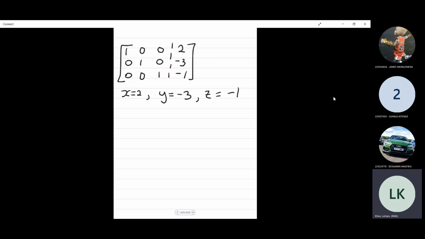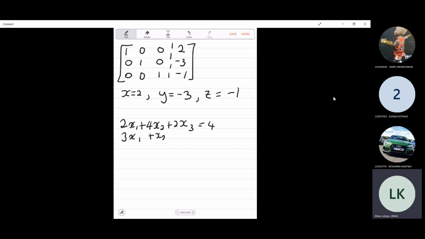So let's see this one here, where we have 2x1 plus 4x2 plus 2x3 is equal to 4. Then we have 3x1 plus x2 minus 2x3 is equal to 1.